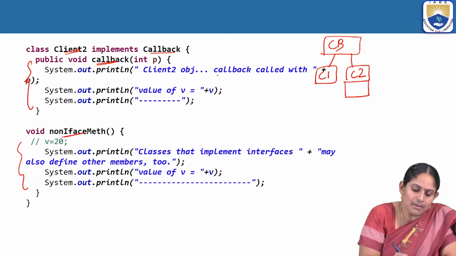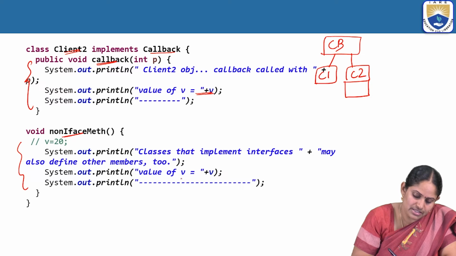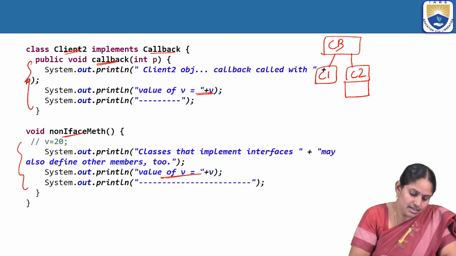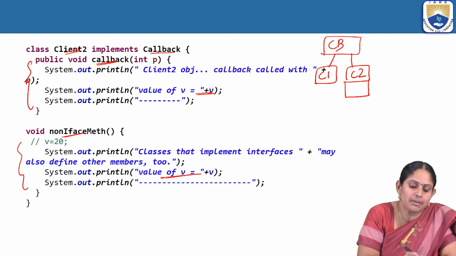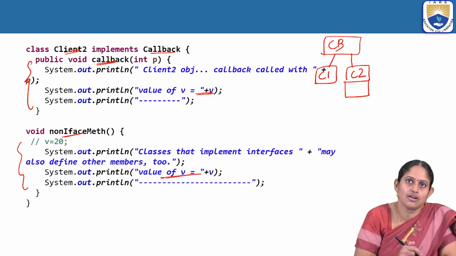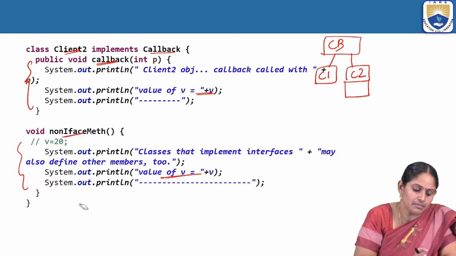Inside the callback, client2 is displaying the value of v, and inside the non-interface method, it is again displaying the value of v. So any class which is implementing any interface can have its own member methods also. It is not that it should only have the interface method.